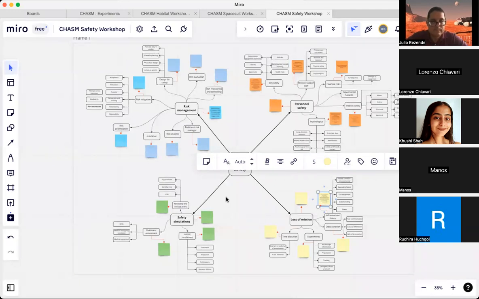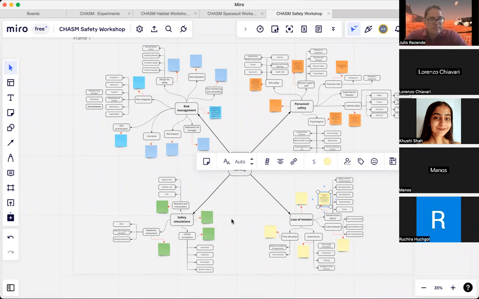We don't have to have a certain order of going through things. We can jump in between risk management and safety simulations and loss of mission and everything. Everything is interconnected in the end anyway.